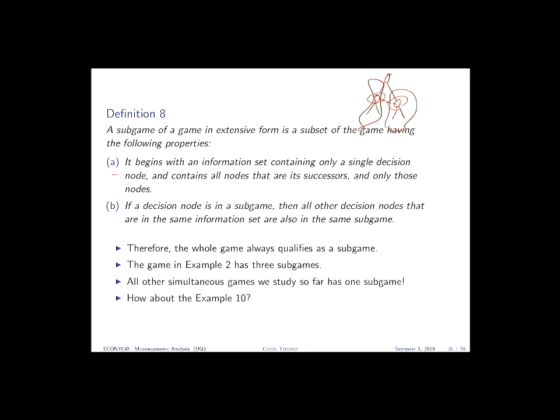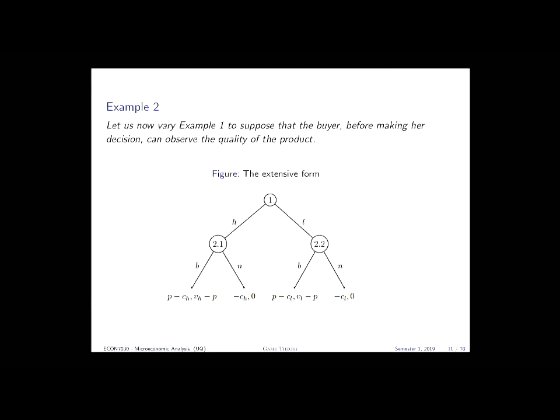Now, if we go back to our example, can anybody tell me how many subgames this game has? 2? Why 2? 4? Why 4? First, to find subgames, find decision nodes. That's the easiest way. How many decision nodes do we have here? 3.